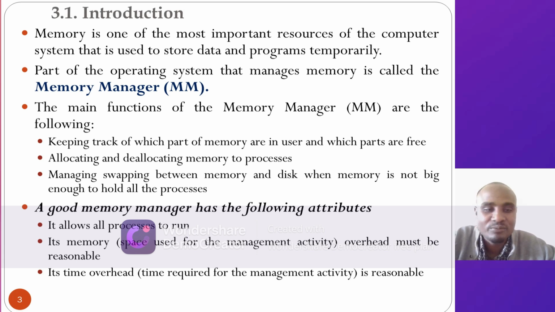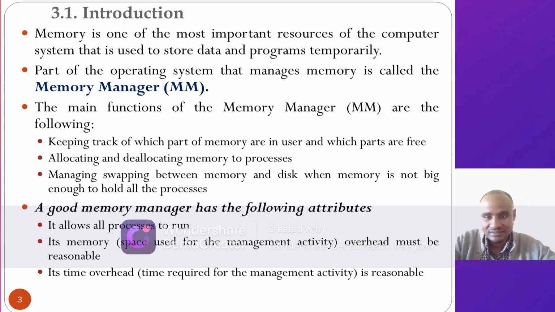The main functions of the memory manager are the following. It keeps track of which parts of memory are in use and which are free. The memory manager also helps to allocate and deallocate memory to a process.